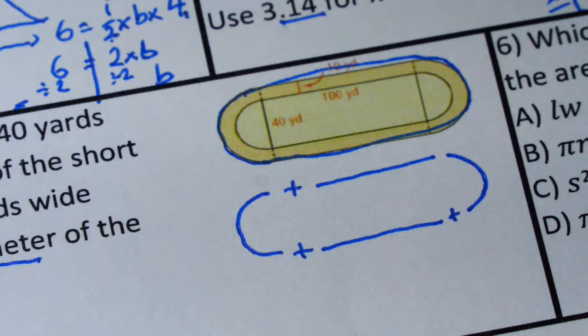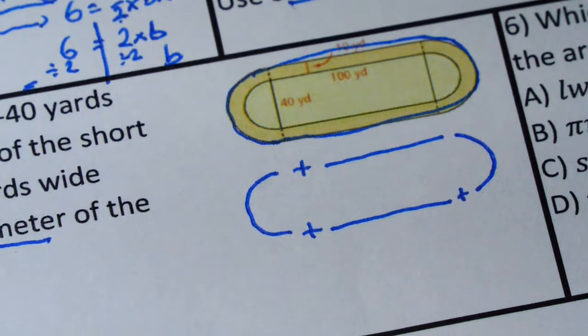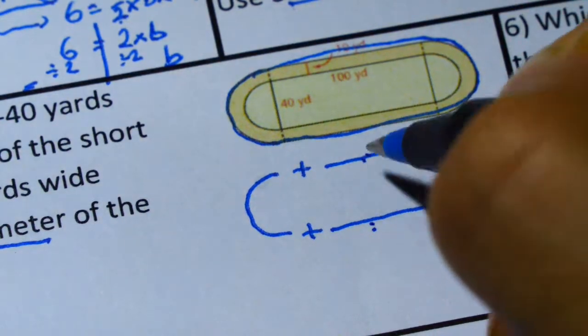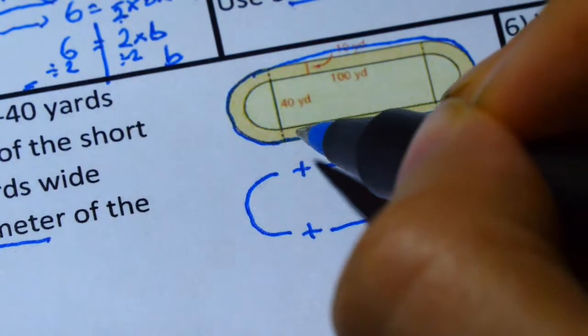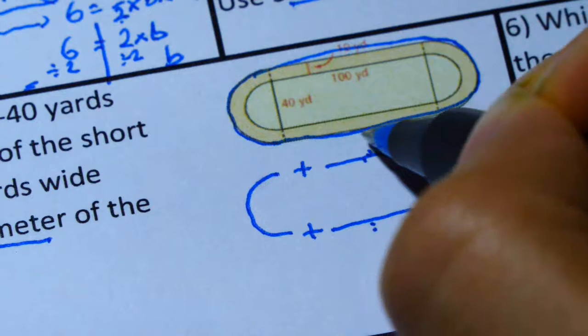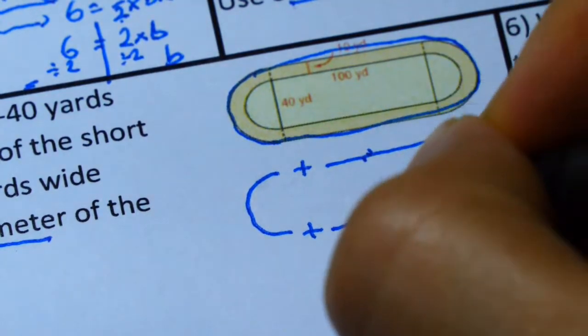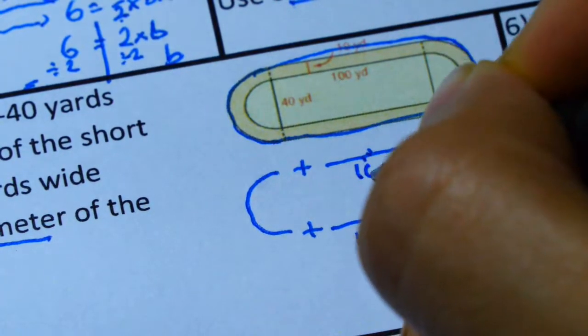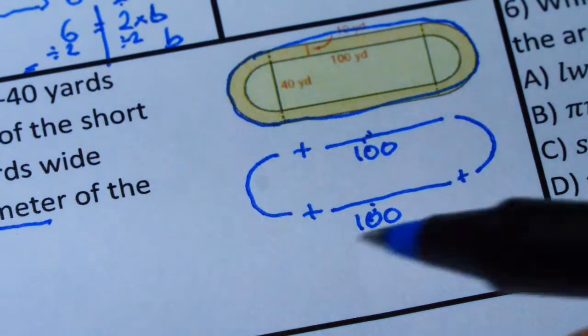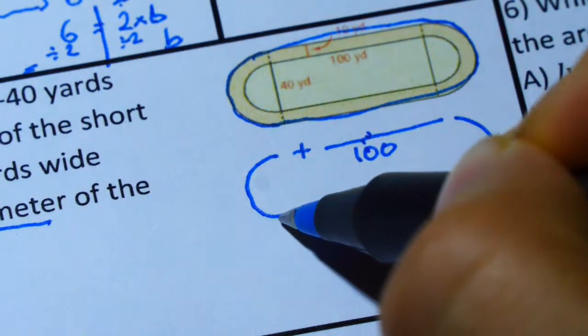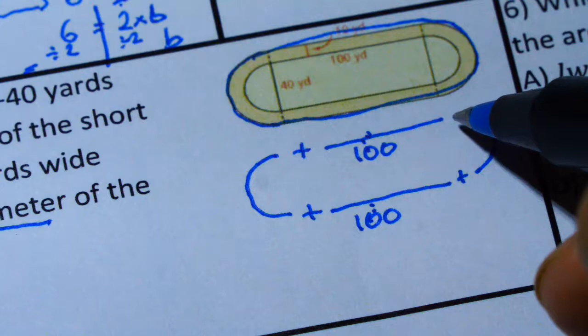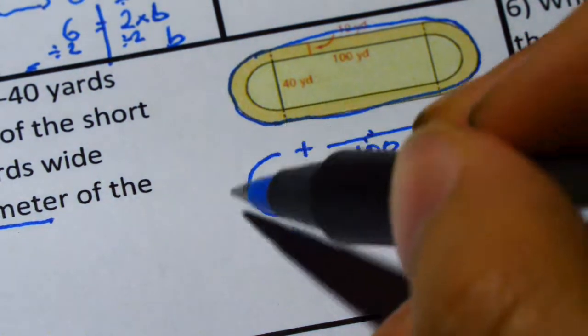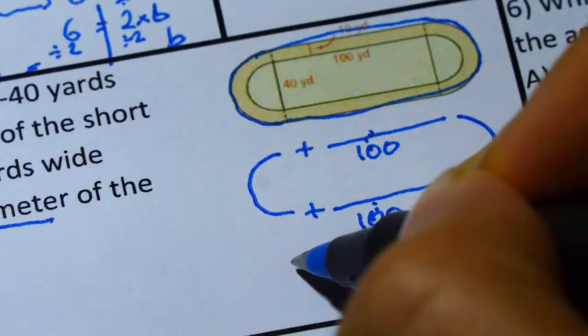so we already know what these distances are, what these sides are. These are 100 yards. Okay, so this is 100 and this is 100. Now we need this distance plus this distance. If we add these together, this makes a circle.